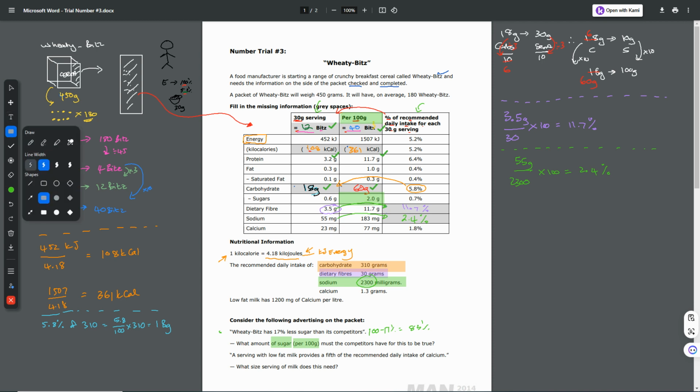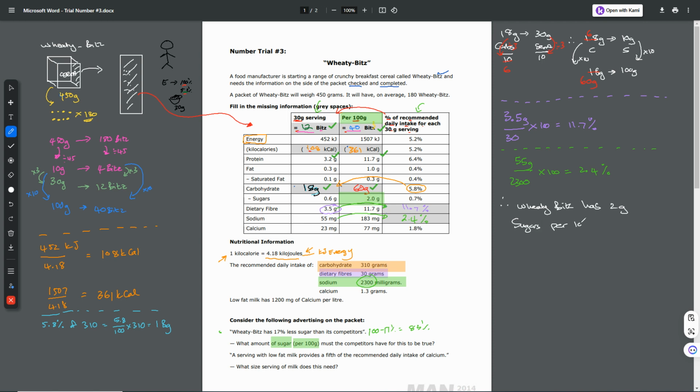So let's write that down. So we know that definitely 2 gram, 2 is the number we're looking for. So therefore we know that Wheatie Bix has 2 grams, all right, 2 grams of sugars per 100 grams.